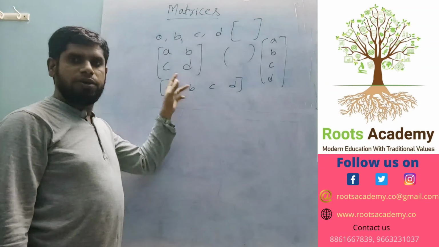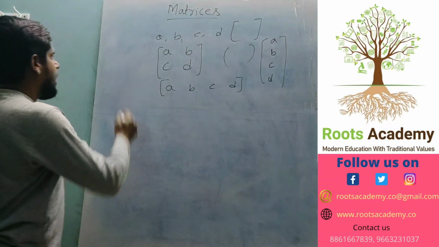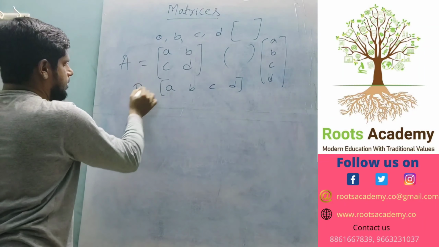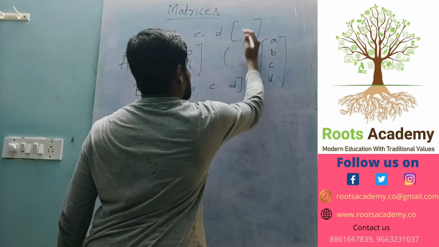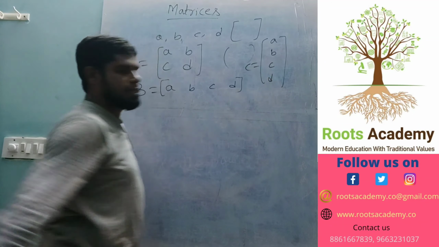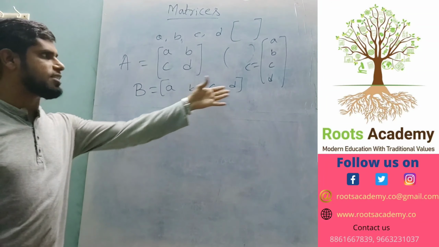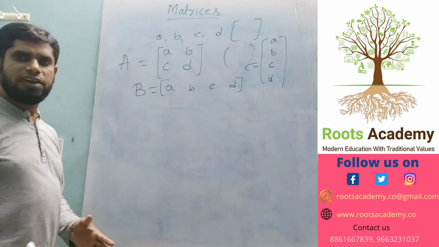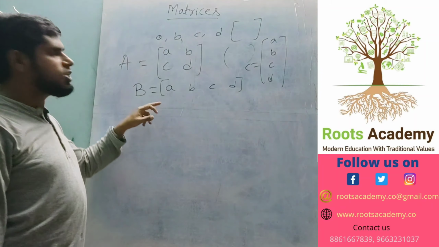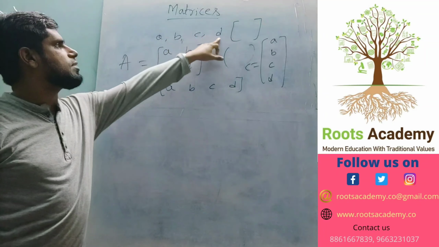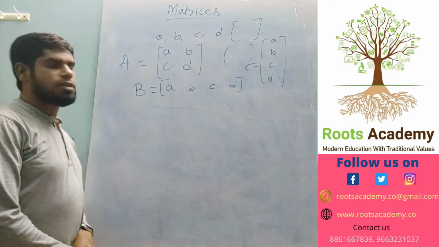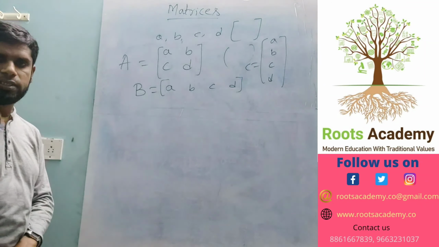And the matrix we will represent by capital alphabets, capital A, capital B, capital C, like this, etc. So students, what is the basic definition of a matrix? Arrangement of elements in rows and columns is called a matrix.